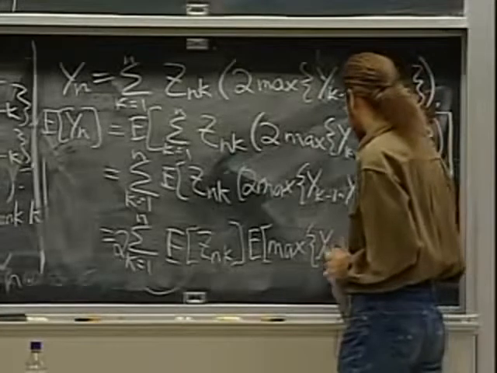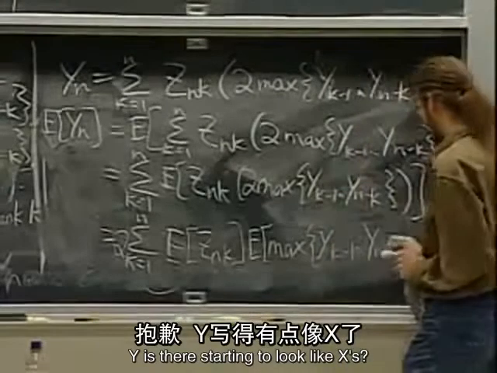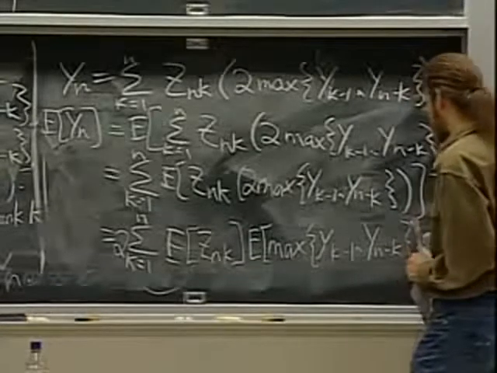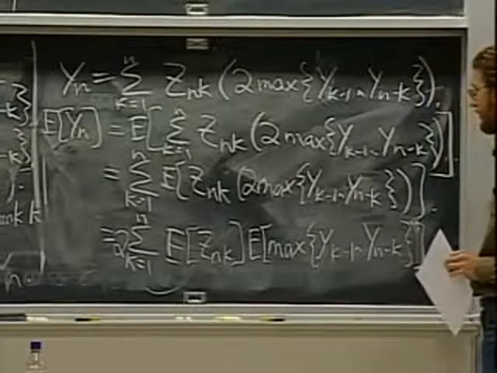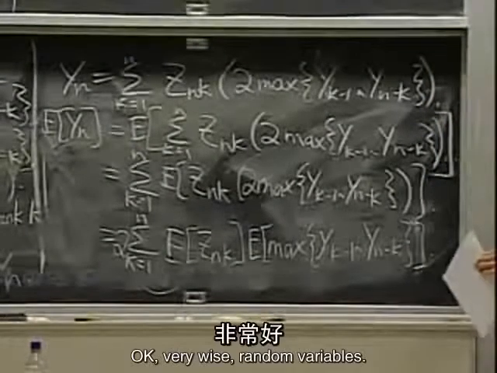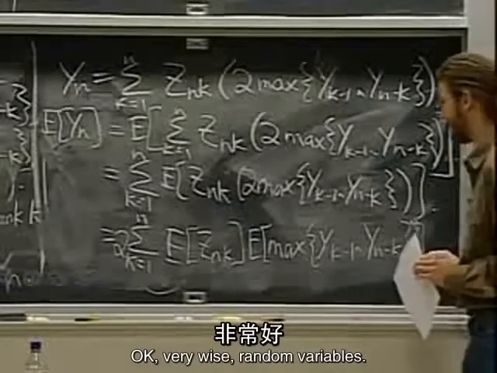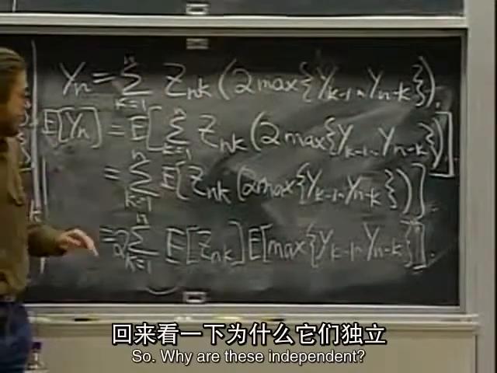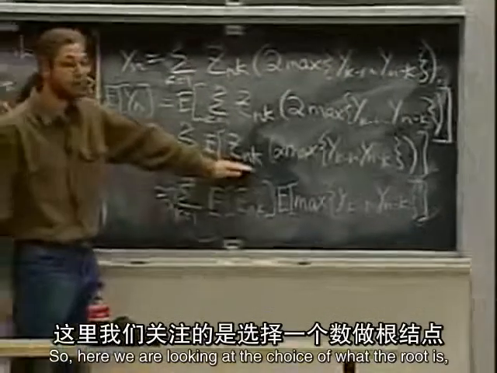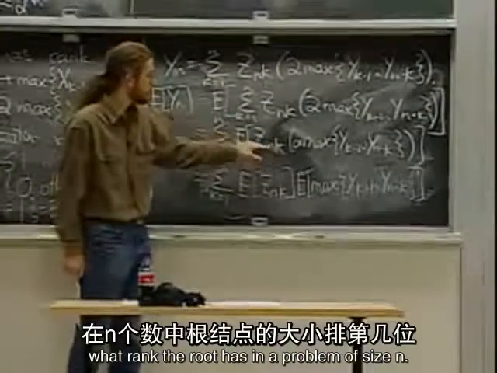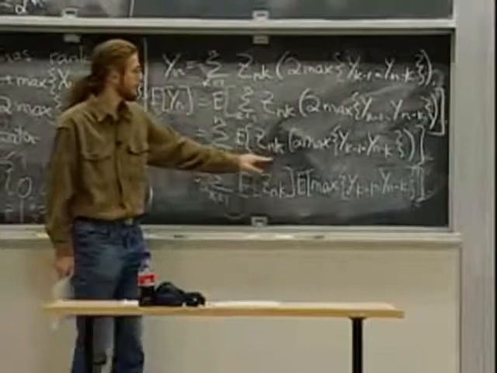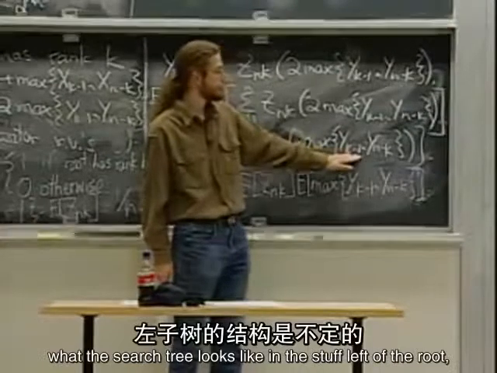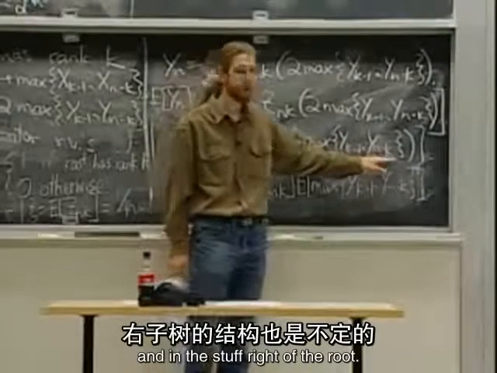My y's are starting to look like x's. Sorry about that, it should all be y's. So why are these independent? Here we're looking at the choice of what rank the root has in a problem of size n. In here, we're looking at the various choices of what the search tree looks like left of the root and right of the root.